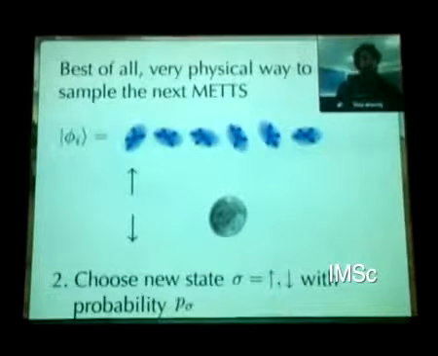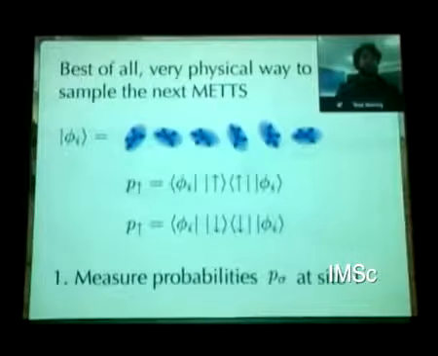Sorry, could you please go back one slide? So on this slide, it's just showing that you measure the probability. Here I'm considering the case of spin one-half, just for simplicity, but it generalizes to any type of degree of freedom. So you measure these projectors. One of them is the projector onto the spin up state, the outer product of the spin up state. The other is the projector onto the spin down state.